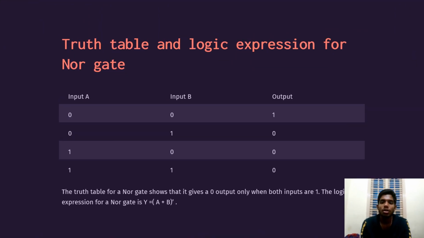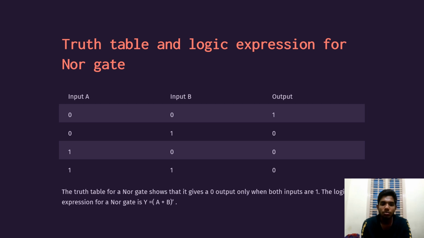The truth table and the logical expression for the NOR gate. Again, there are two inputs and one output. If both inputs are 0, then the output will be 1. If any one of the inputs is 0 and the other input is 1, then the output will be 0. And if both inputs are 1, then also the output will be 0.